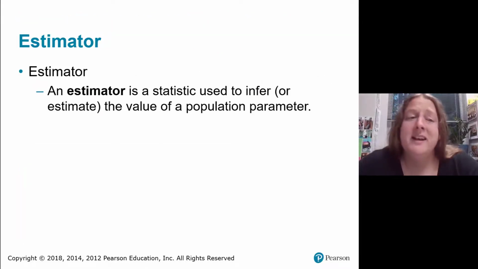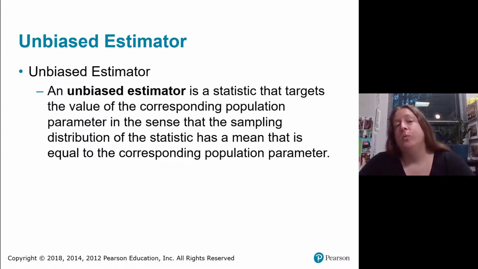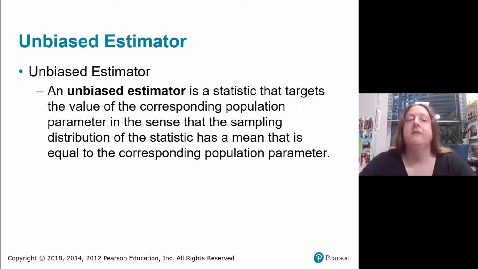All right, so now let's talk about estimators. An estimator is a statistic used to infer or estimate the value of a population parameter. When we talk about unbiased estimators, we're talking about a statistic that targets the value of the corresponding population parameter, in the sense that the sampling distribution of the statistic has a mean that is equal to the corresponding population parameter.